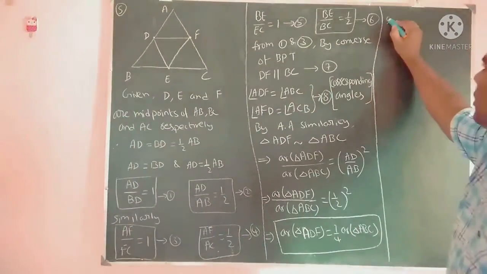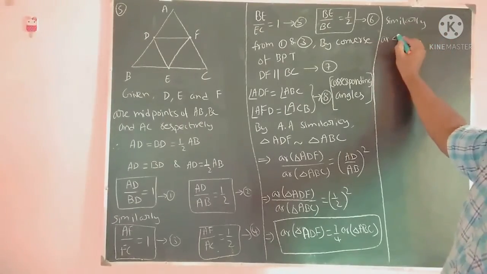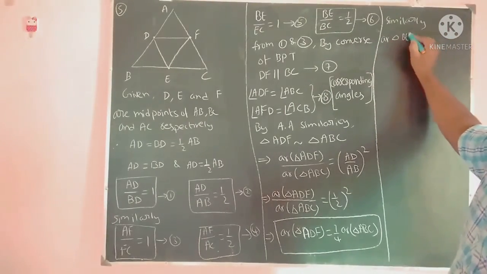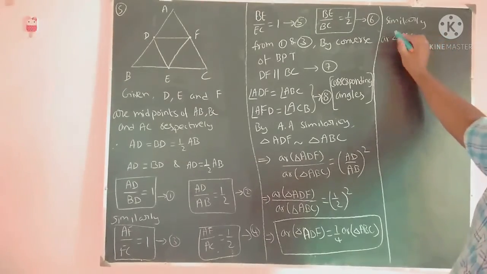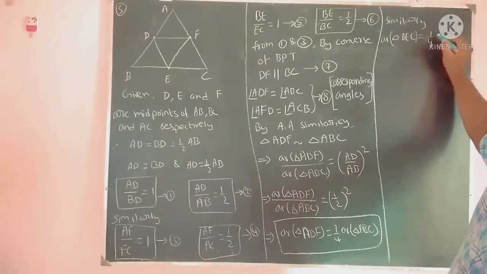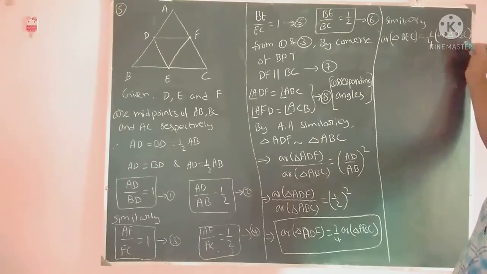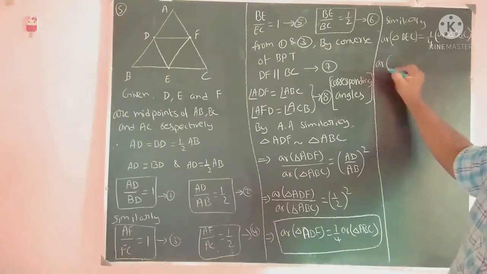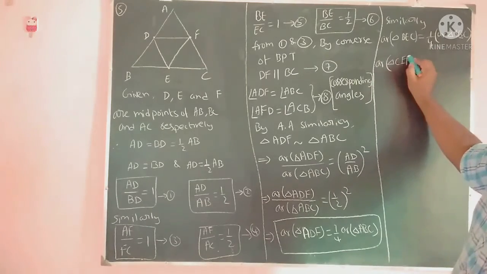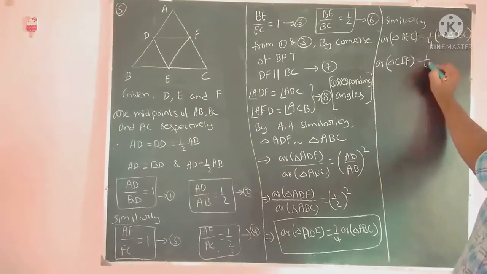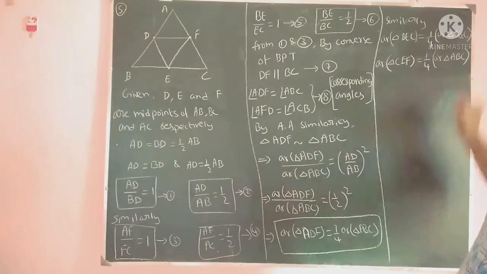So similarly, we will get area of triangle BDE is equal to 1 by 4 times area of triangle ABC. Similarly, area of triangle CEF is equal to 1 by 4 times area of triangle ABC.